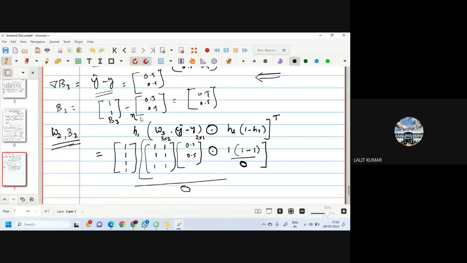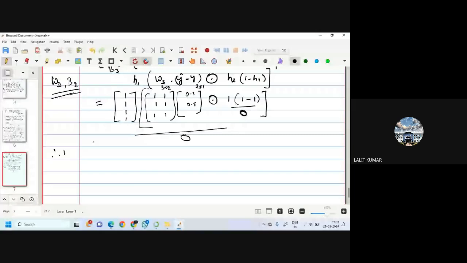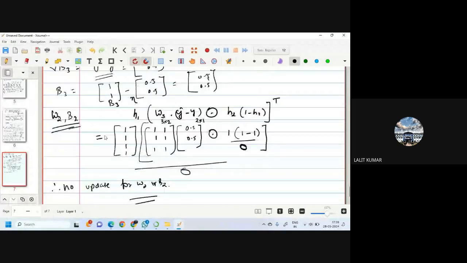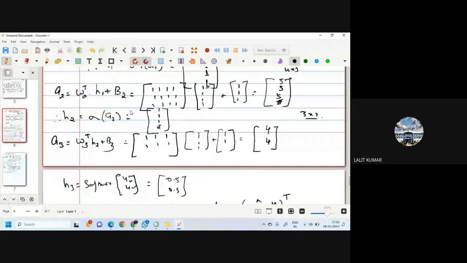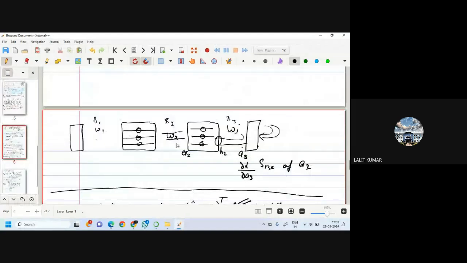So there will not be any update for W2 and B2. Conceptually, if your loss has not flown through this layer, it means the loss will not flow to B1 also. Mathematically also you can see that if the loss is not flowing from here, then it will not flow. So there is no update of this W2 and no update for B1.